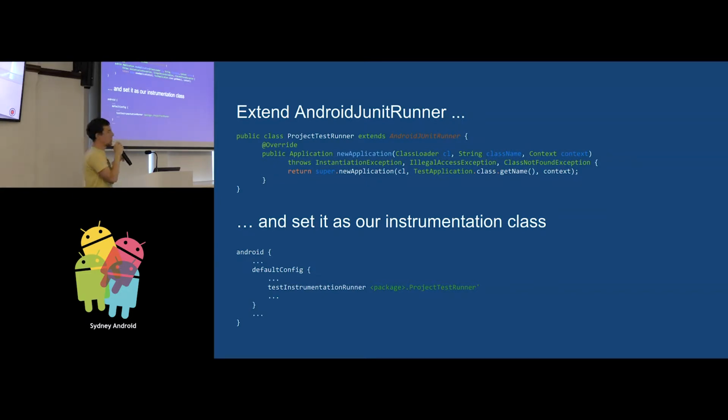So from this point on, any Android instrumentation test, unless it's an application test case, but you don't want to use it anyway, is going to be running a test application, which means it doesn't have any logic that will be executed before your activity is started. And this allows for more hermetic, more isolated testing of your applications.